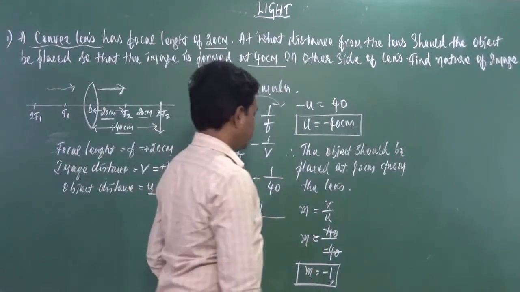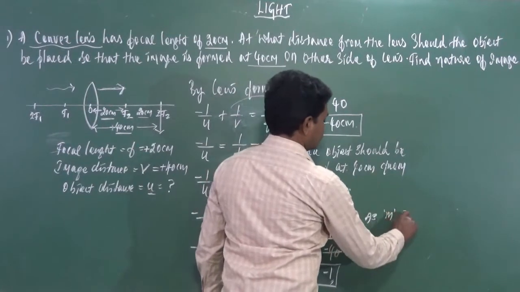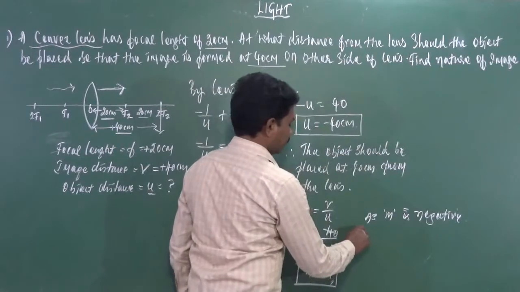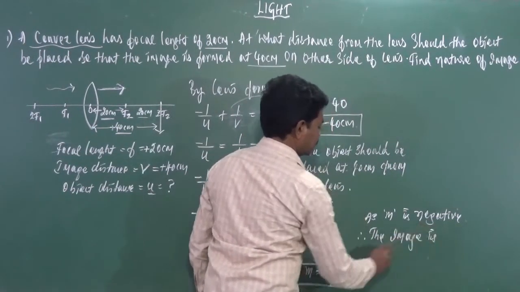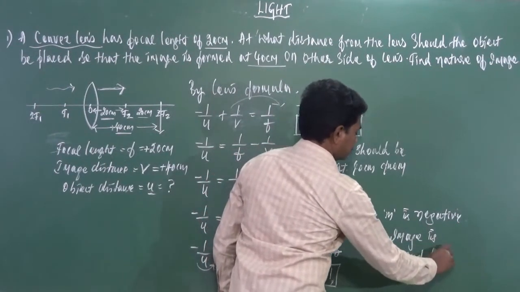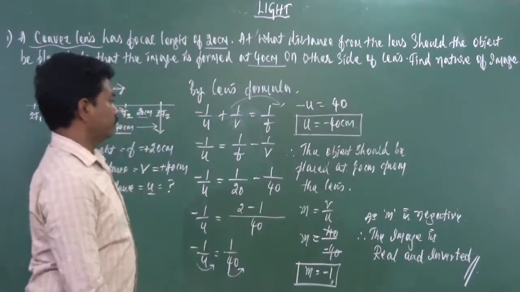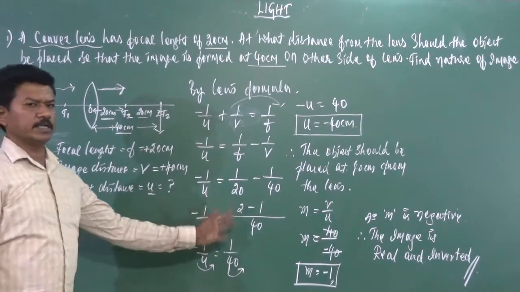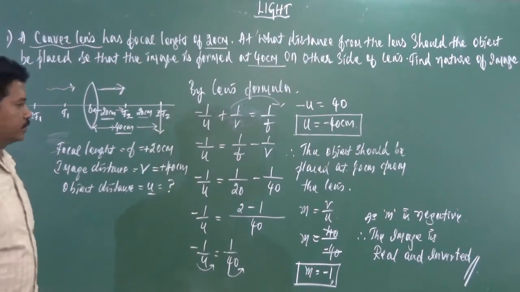As m is negative, the image is real and inverted. It's very, very important. This is how you have to do it for 2 marks, or it may be asked for 3 marks. This is one of the questions asked in 2011 in one of the CBSE examinations.